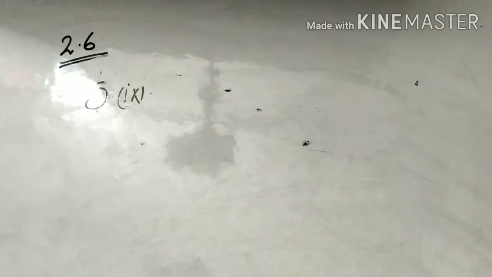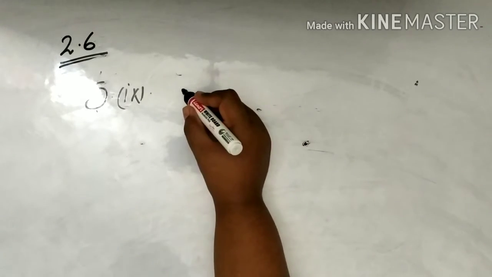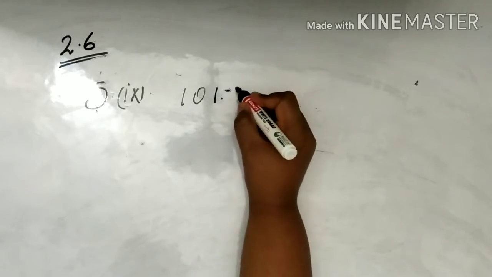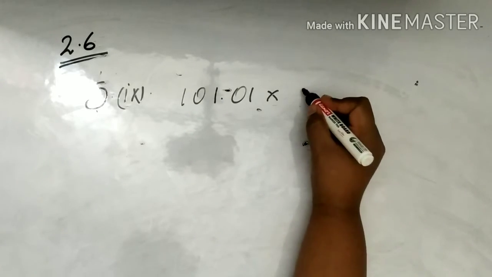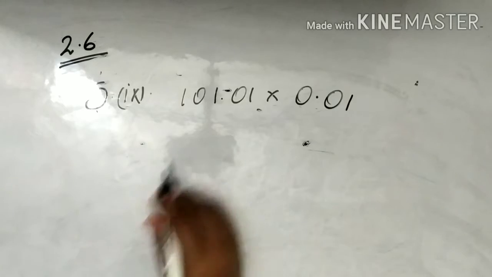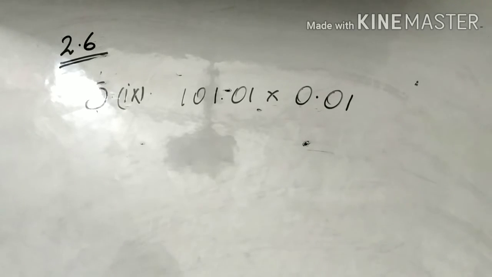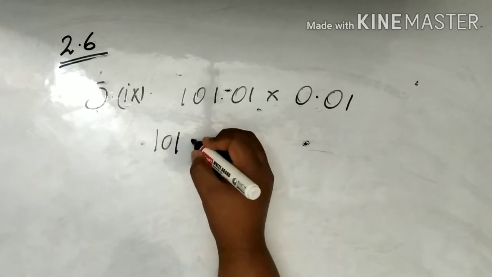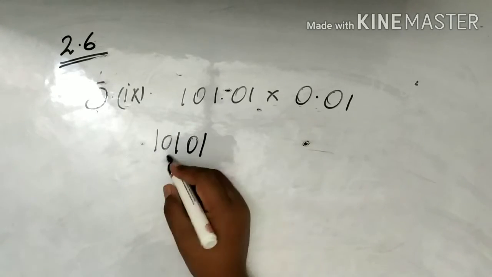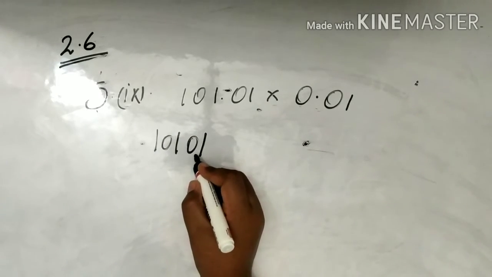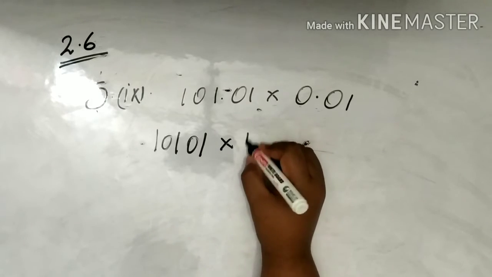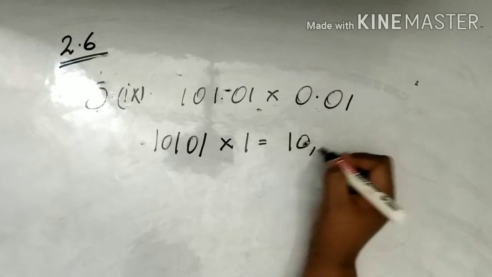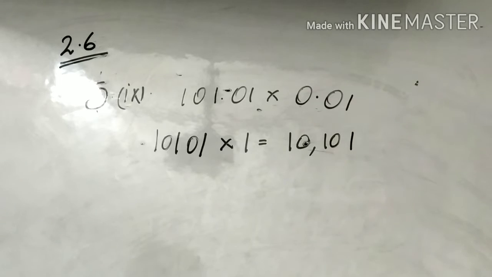Now let's see the ninth part that says 101.01 into 0.01. You have to multiply these two numbers. So here firstly multiply the numbers itself. That is 10101 into 1 itself. That is 10101. Right?